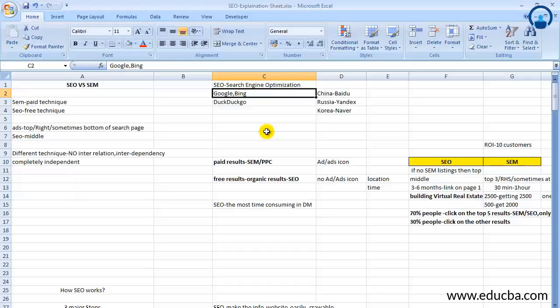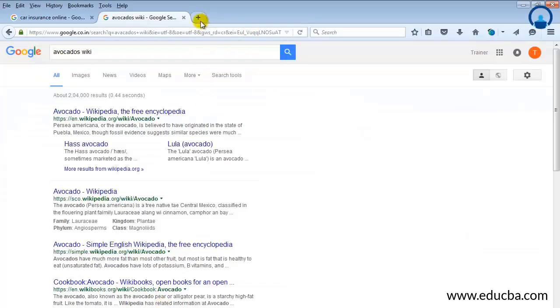It is a product of Microsoft, not as famous as Google, but having some percentage of market share in the searches done on it. It has the same mechanism related to how things work in SEO. Similarly, there is one more search engine which is becoming famous quite recently, named DuckDuckGo. That's also a search engine which you could use for any of your searches.